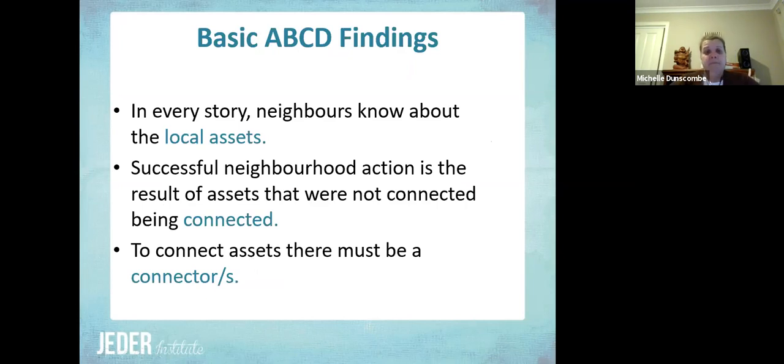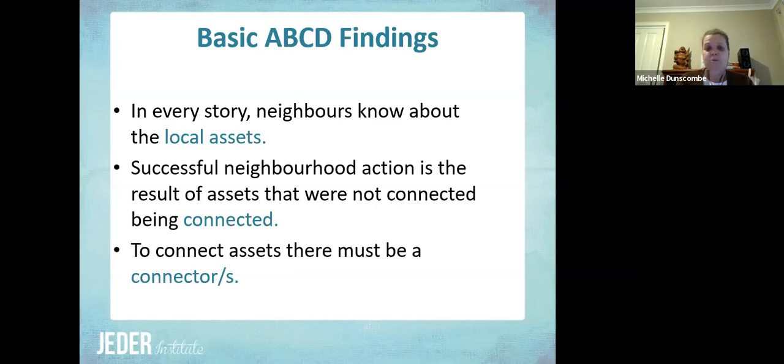When I was putting together the slideshow, I was going back over some stuff from the ABCD Institute, and I'd not seen this slide, and I thought, I'm going to add this because I think it's really important that we acknowledge that neighbours do know about their local assets because they use them every day.